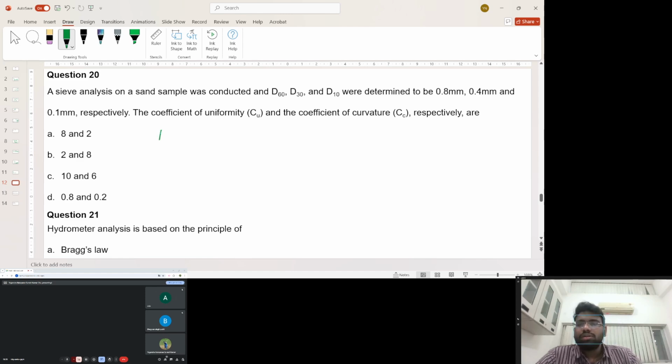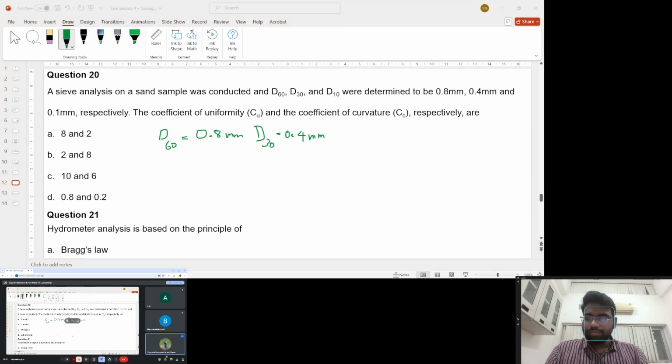So D60 is given as 0.8 mm. D30 is given as 0.4 mm.